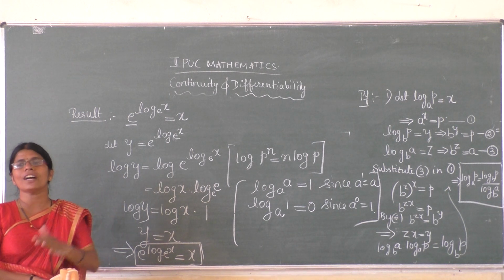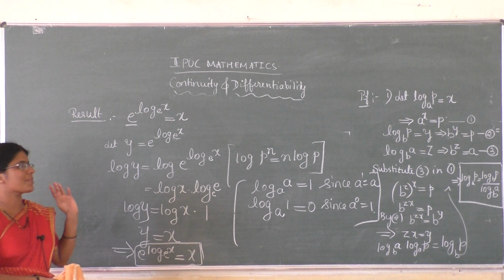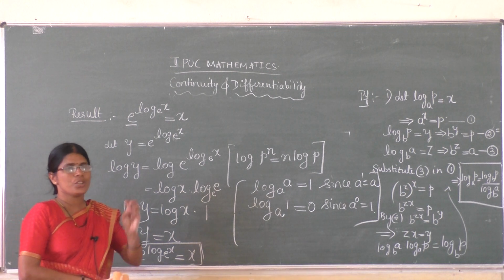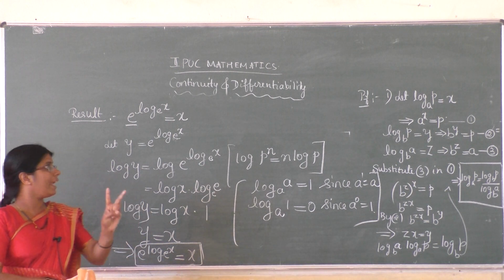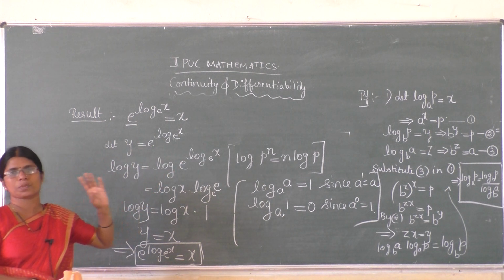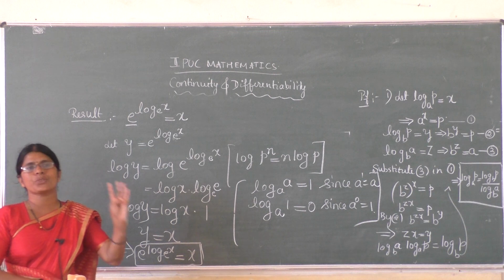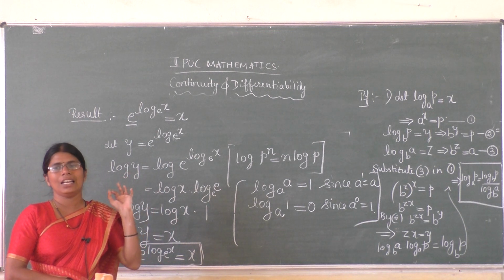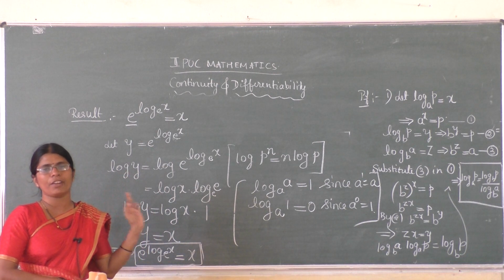Whatever new function we get, we always try to differentiate it. So we have two main functions, the natural exponential function and the natural logarithmic function.